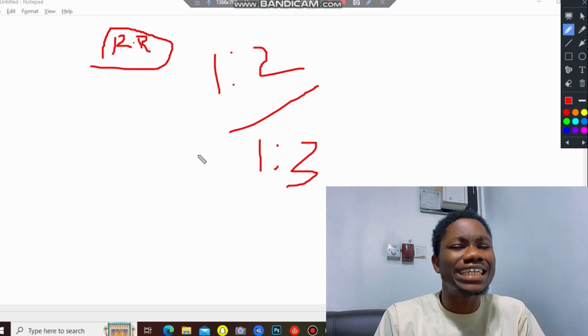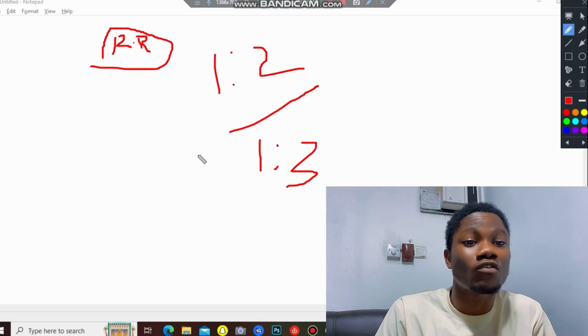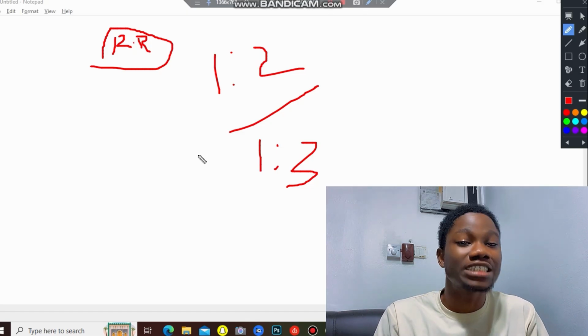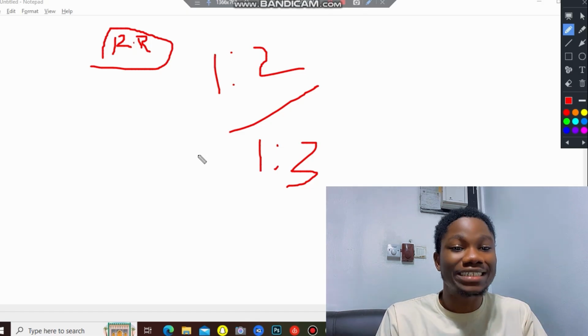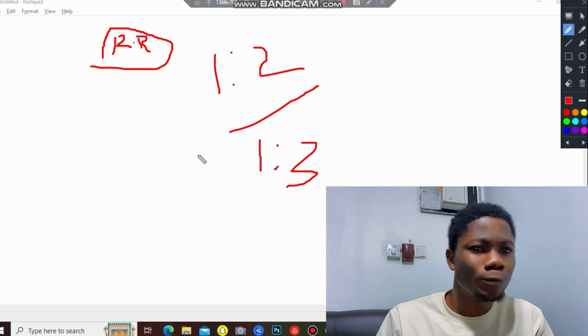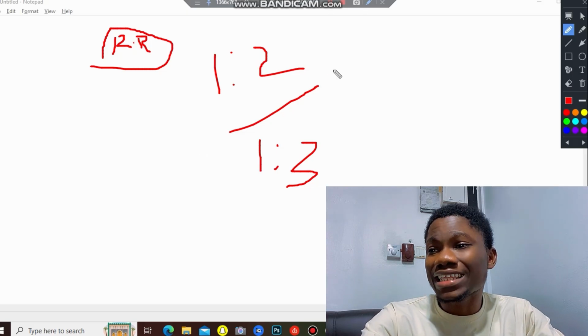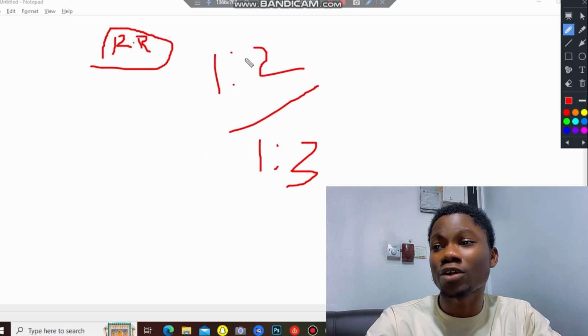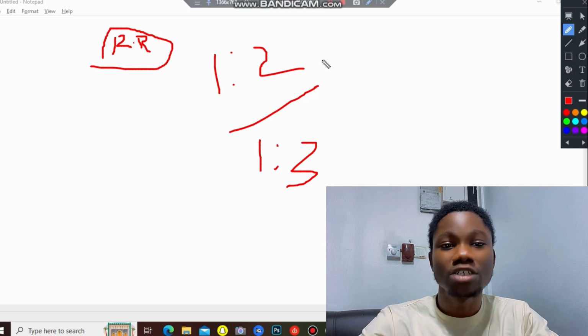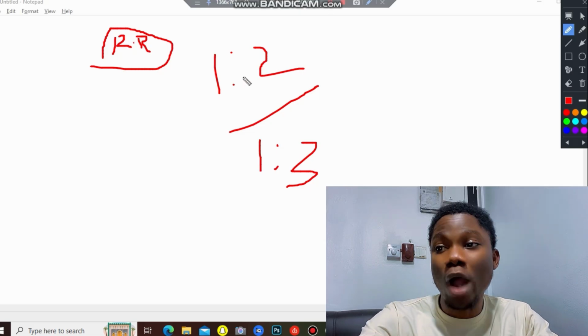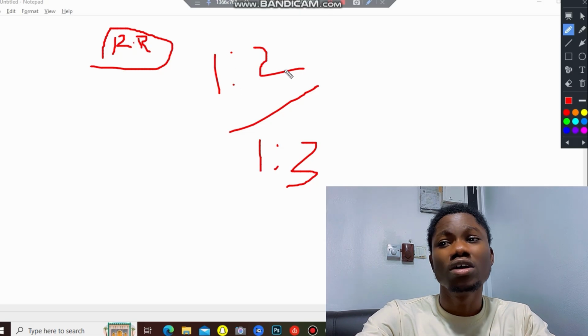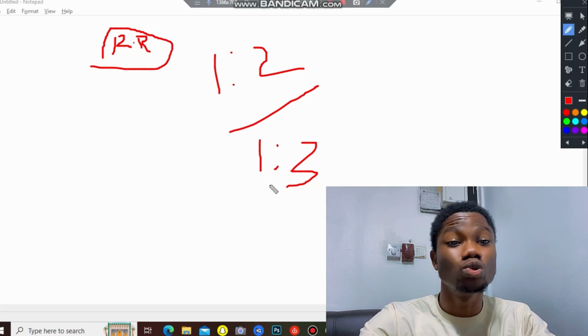Don't just target a huge amount of money because you trust the chart. No. Or you trust the source of the analysis. No. Make sure your RR, which is the risk to reward ratio, is 1:2 or 1:3.